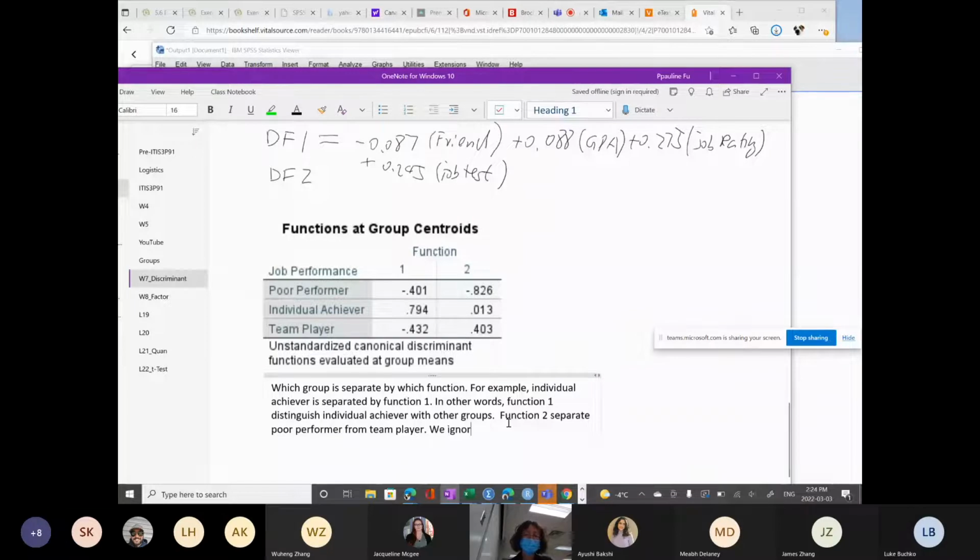Here we ignore 0.03 in the second column because it is already distinguished by function 1. That is the explanation of that table: which group is separated by which function.